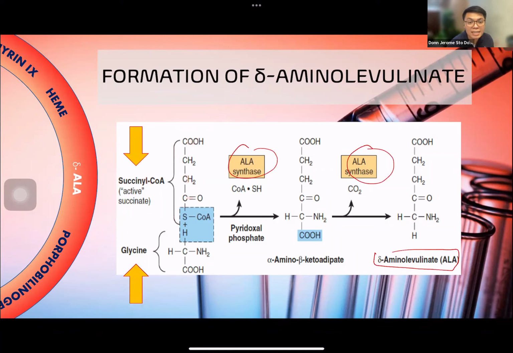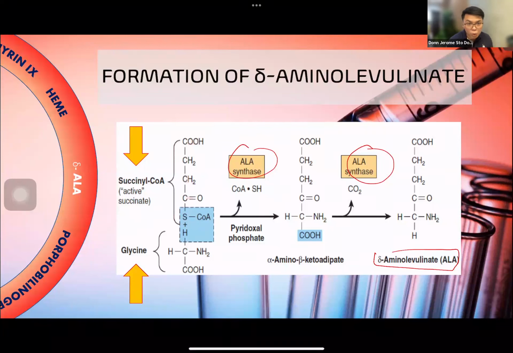ALA synthase is the rate-limiting enzyme of heme synthetic pathway. O mula ngayon ha, dapat alam lahat ng rate-limiting enzymes ng bawat metabolic pathway. Mortal sin po yan na hindi natin yan alam, no?